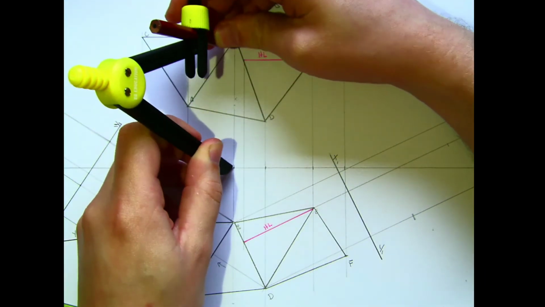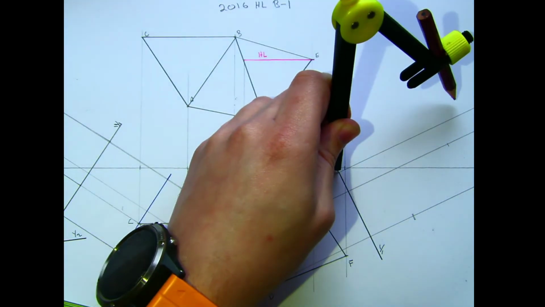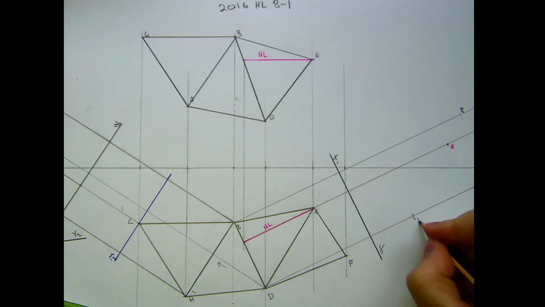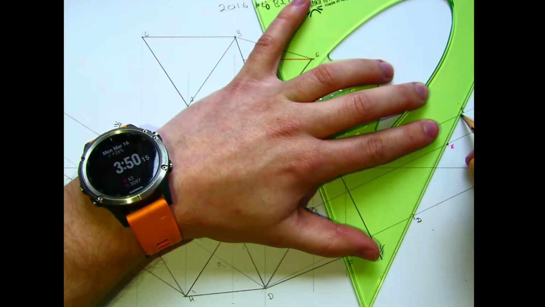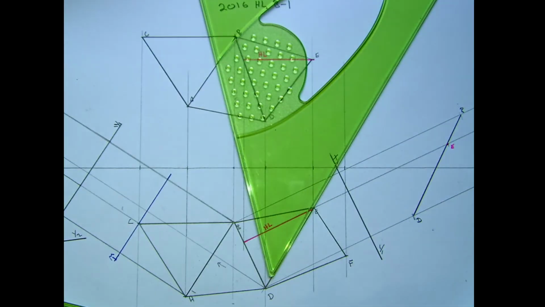And also measuring up the height for B, which is up here. That's this height. So this is E and the horizontal line. This is B and this is D. Joining all of these up, we should get a straight line. Okay, so that's the edge view of that surface.